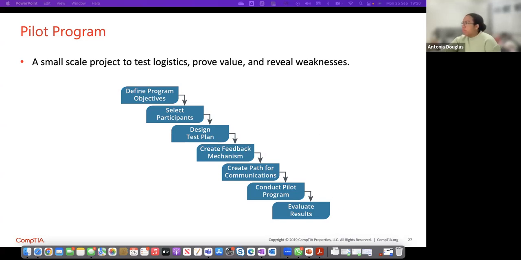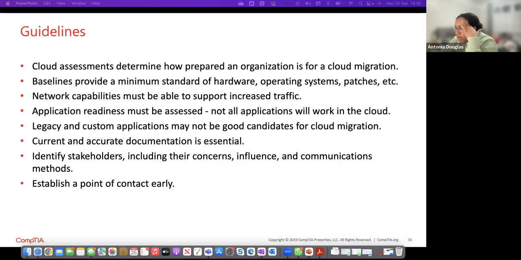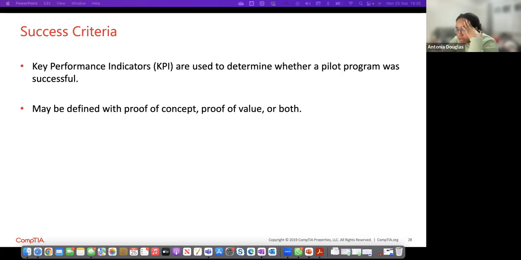I won't read those all out. I think I'm behind time. My apologies, I am behind time. We are finishing bang on 8. I know I've been talking for a while. I might take a 5-minute break. Let me see our slide. Oh, hold on 1 second.